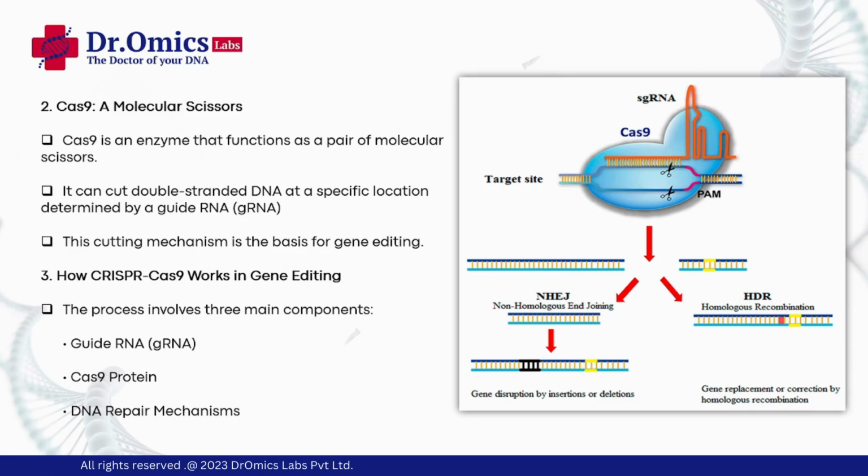Once this DNA repair mechanism is done, whatever the insertions, deletions, point mutations, or any kind of variation we want to find in this DNA, for that we are going to perform CRISPR data analysis.